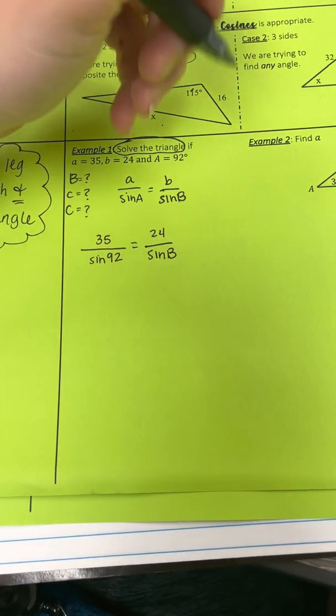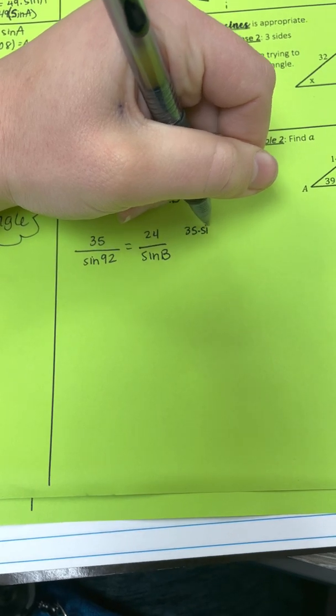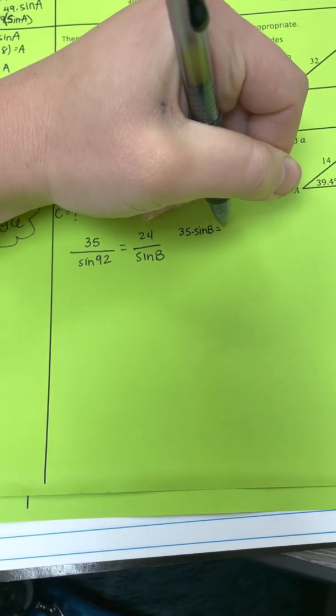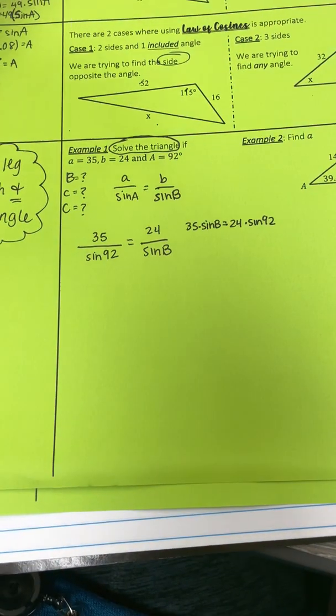We're going to cross multiply here, so I'll end up with 35 times sine of B is equal to 24 times sine of 92.